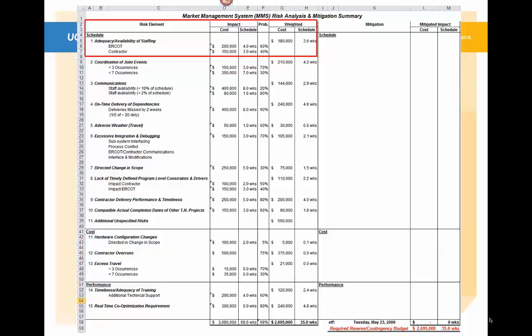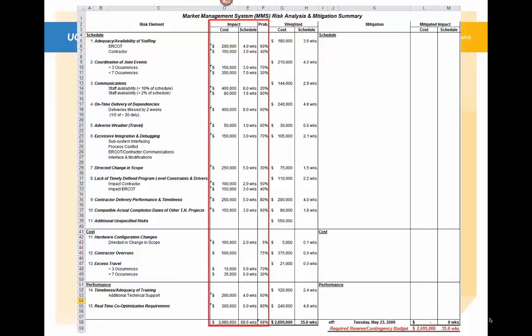Here is one of the risks: adequacy, availability of staffing, and we looked at the cost, the impact, the probability, and then the weighted cost and the weighted schedule impact should that risk impact occur. Okay? And then in totaling up all of the risks, we can look at the total of the cost impacts, the schedule impacts, and also the probability of all those risks should they occur.